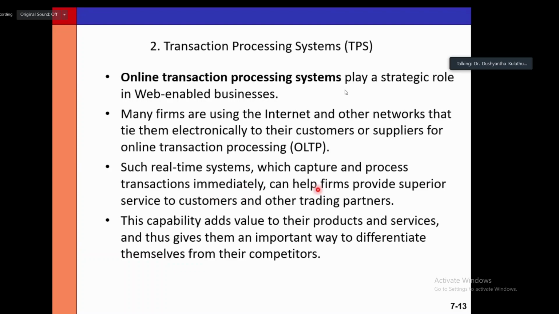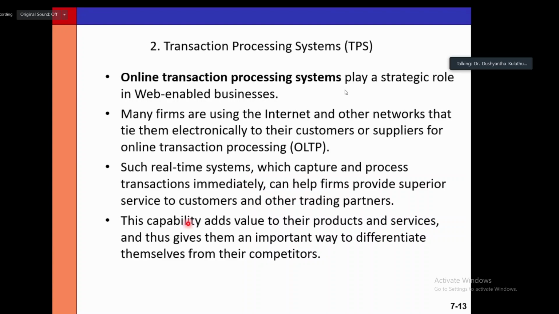So having up-to-date data will be very important for any organization for different tasks. Of course, for decision making of the organization also, up-to-date data will be very important. And in providing service, and in interacting with trading partners also, up-to-date data will be very important.